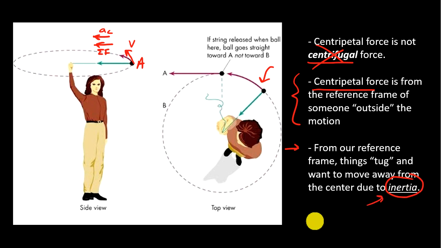Things like to keep moving in a straight line. To prevent that, there must be centripetal forces curving it inwards towards the center. If the string breaks and there's no longer that net force toward the center, things are going to follow inertia toward their straight line motion.